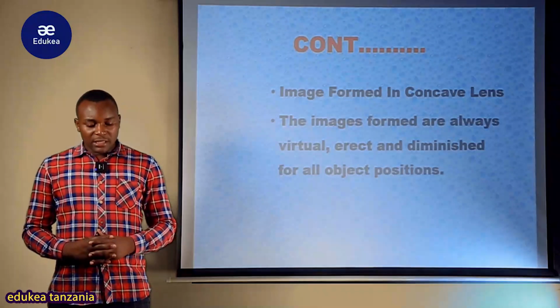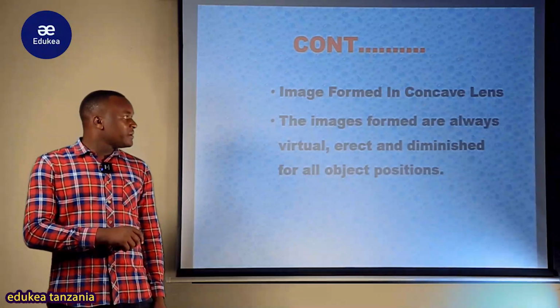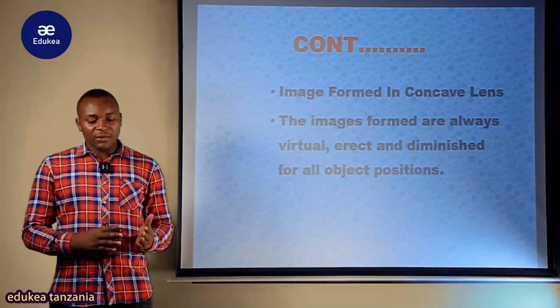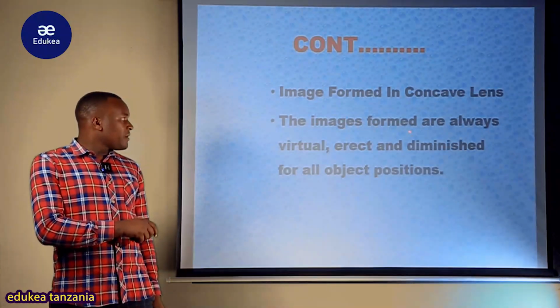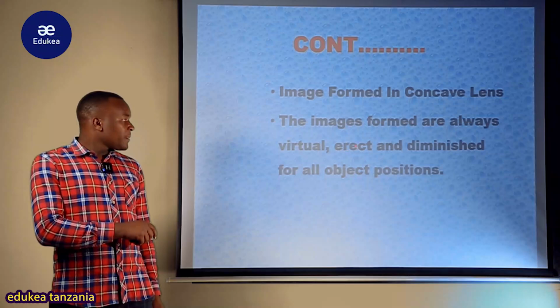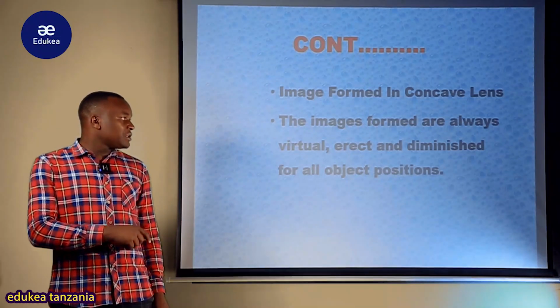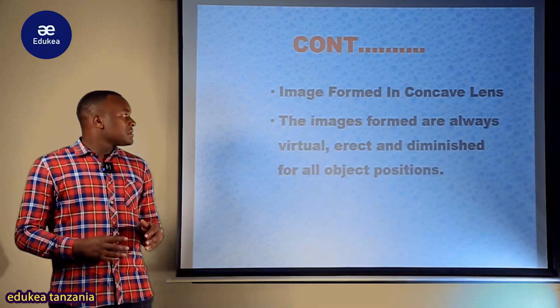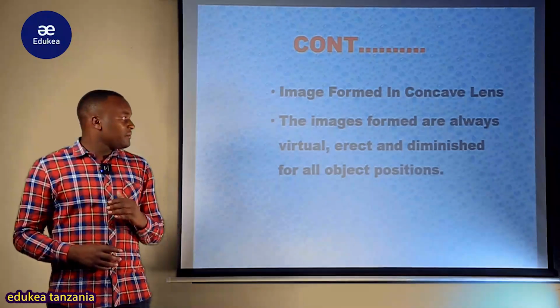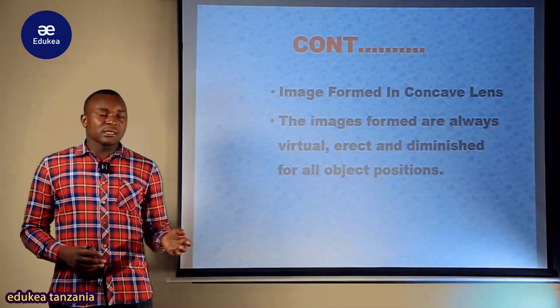So let's look image formed in a concave lens. Ile ilikuwa ni image formed katika convex lens. So we say that the image formed are always virtual, ni erect and diminished for all object position. Kwamba katika concave lens, the image formed are always virtual. They are always erect.